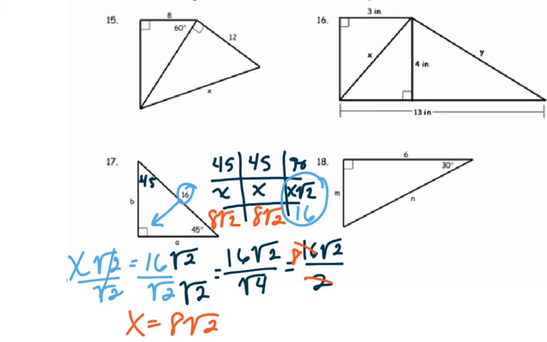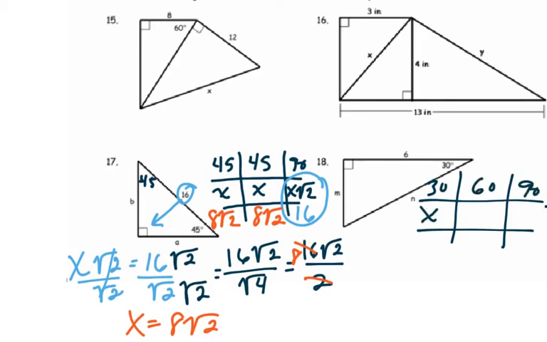Same exact idea with number 18. Number 18, we have this 6. It's across from the 60. So I put the number 6 across from the 60. I turn this into an equation.